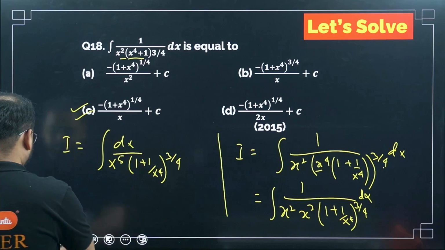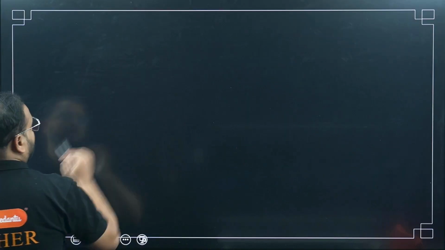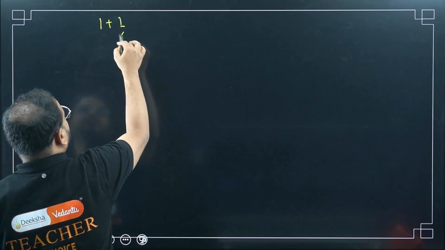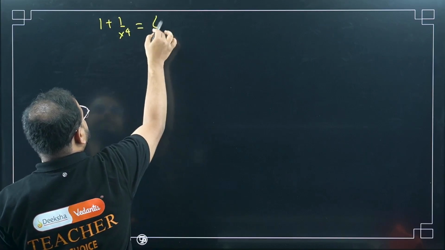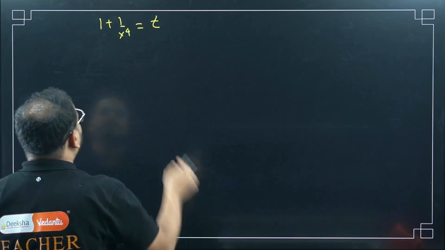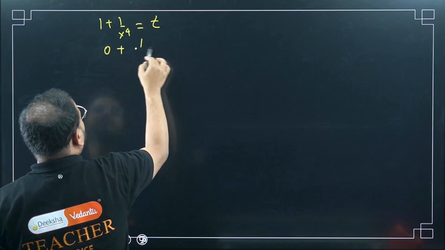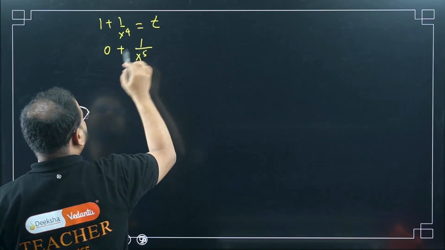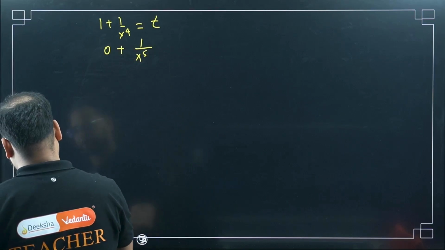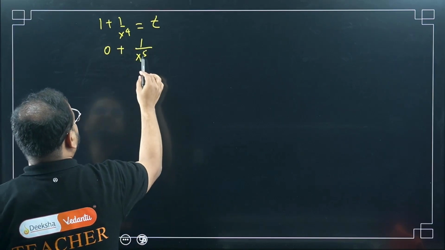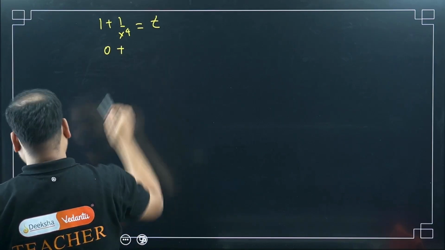Do one thing over here. Take 1 plus 1 upon x power 4 equals t.